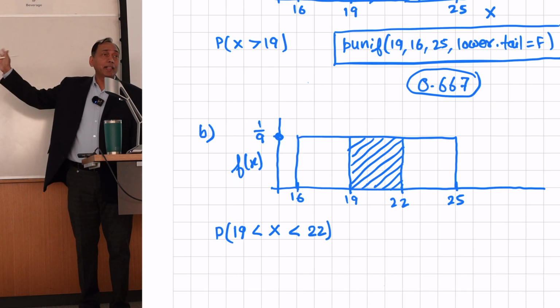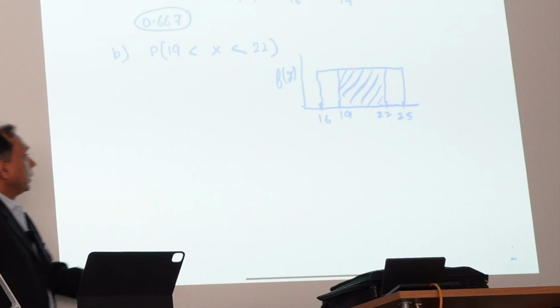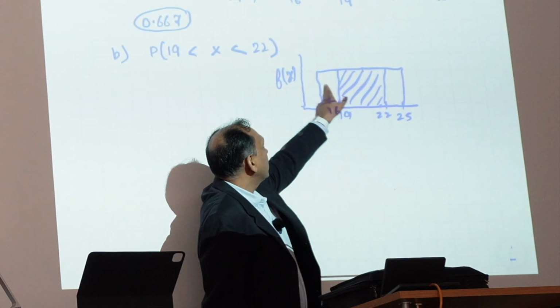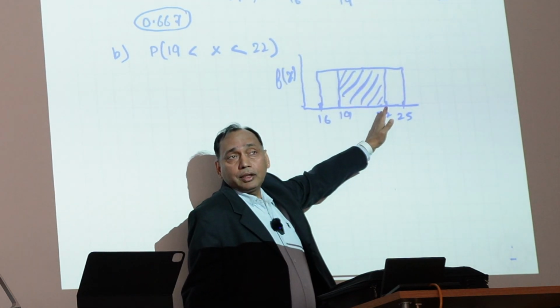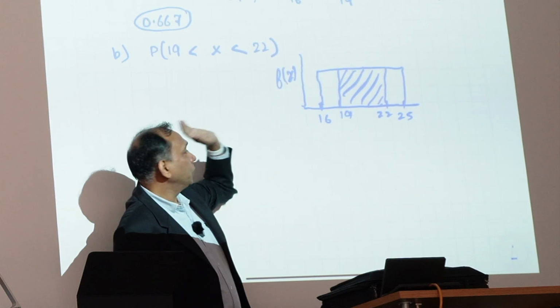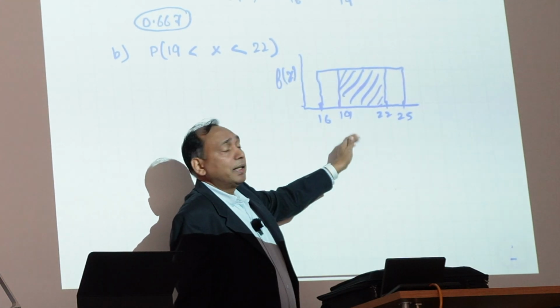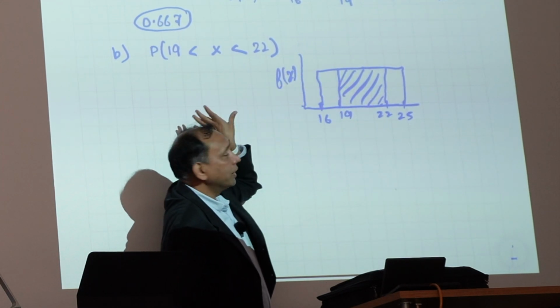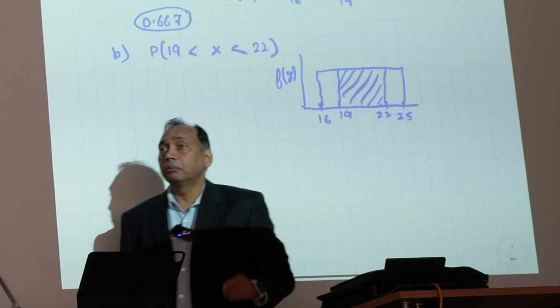How to find this area in the middle? If you find area to the left of 22, it will also include this area. That could be one way. You find area to the left of 22, which is up to this, and then you find area to the left of 19, which is this part. So you are taking that out, and you are left with the middle part.